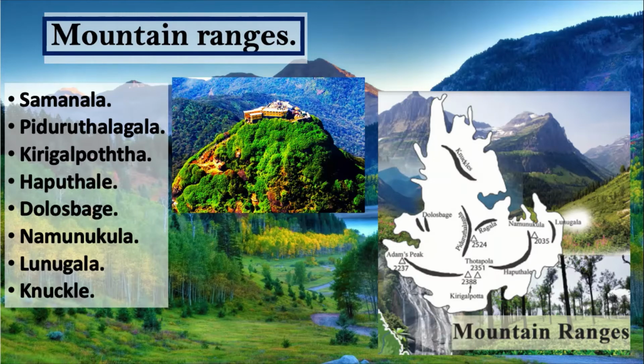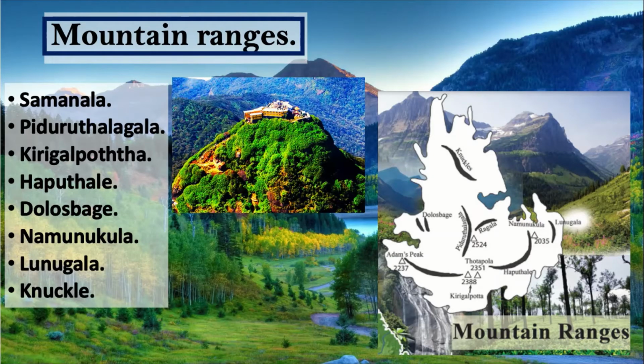We know that there are complex relief features in the hilly region. Mountain ranges are one of them. The main mountain ranges of the Central Highlands are located in the shape of an anchor.